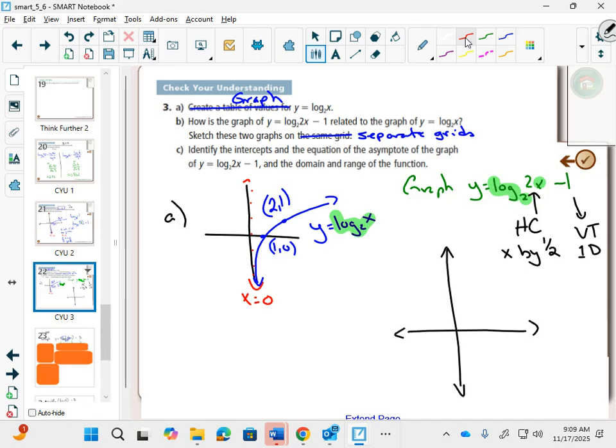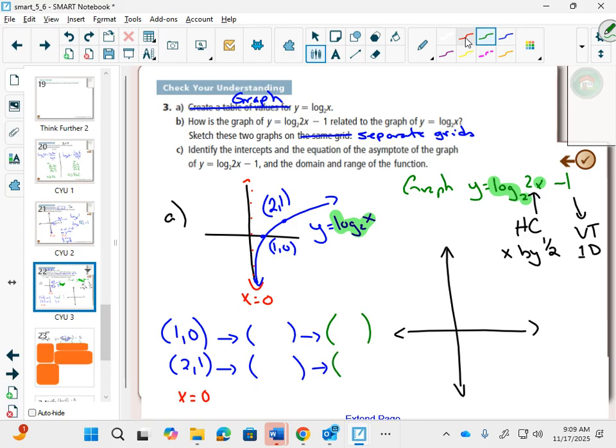So could we graph this? Well, I could take my original blue points. I have 1 comma 0. I have 2 comma 1. And I have the asymptote at x equals 0. And I can take those blue points, apply the transformations, and find out where they are going to be on my green graph.